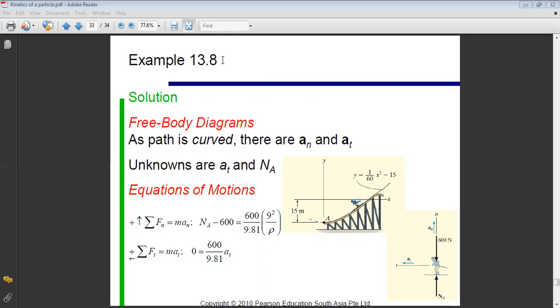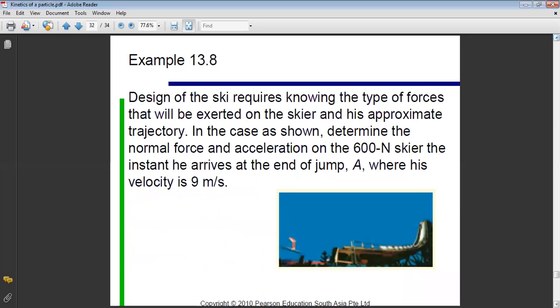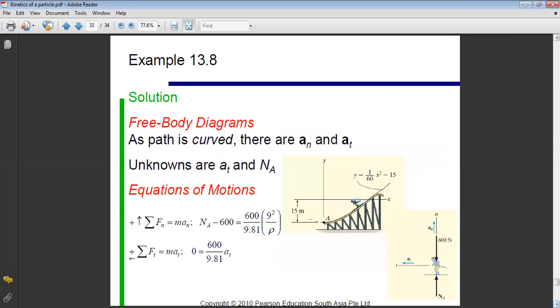So to be able to answer this problem, why here we will choose normal tangential coordinates? Because look, you don't have any idea about AX or AY. They didn't give you equations, okay? So what is the advantage of using UT-UN? That in UT-UN, at least you know what is AN. AN is V squared over rho.